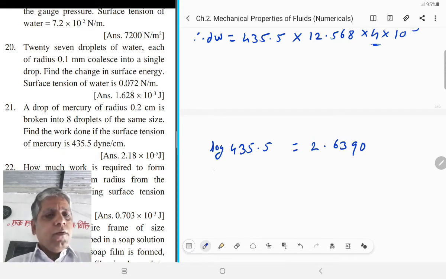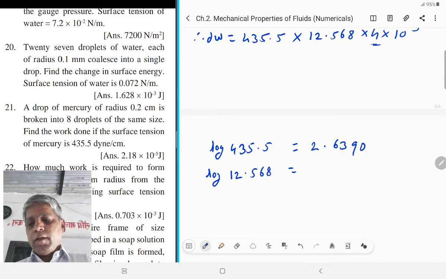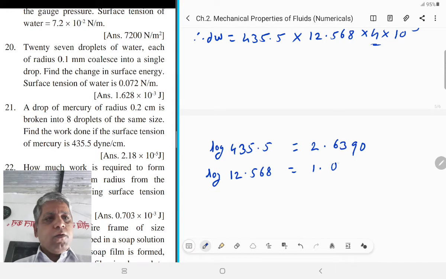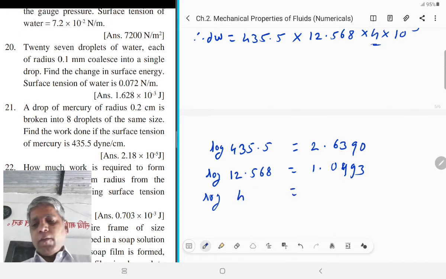Now log of 12.568 is equal to 1.0993, and log of 4 is equal to 0.6021.